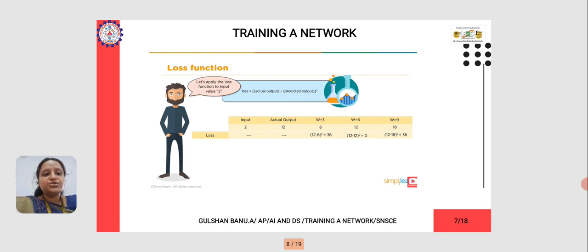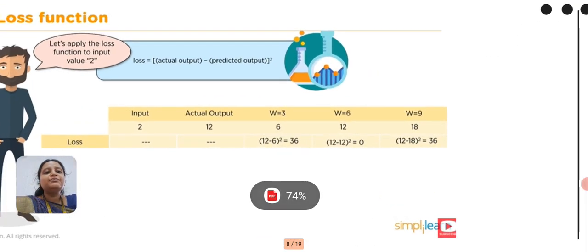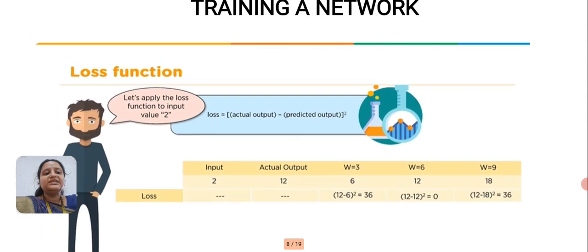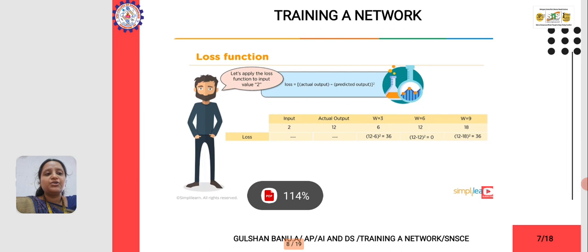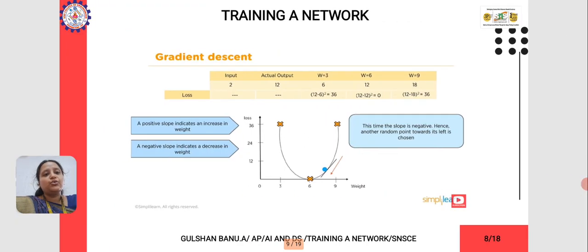The actual value is 12 and the predicted value is 6. So 12 minus 6 the whole square equals 36. Again you take the values, and the actual value here will be 12. Now the next concept is gradient descent.